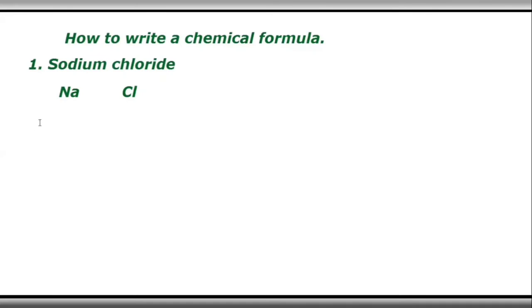Then what about the valencies? For sodium, the valency is 1, and for chlorine also the valency is 1. So we can write now like this. The valencies we have to write below the symbols. Then we have to follow the method.